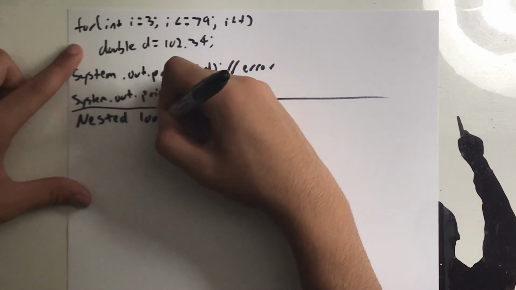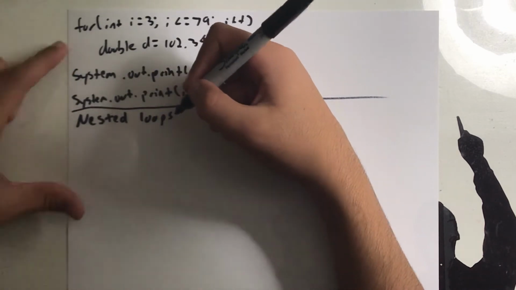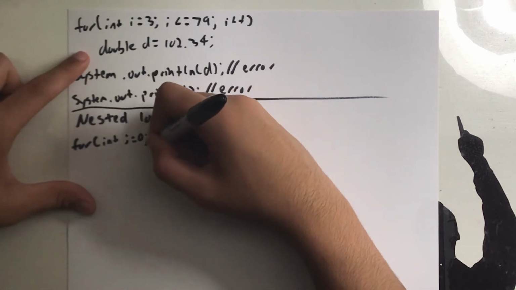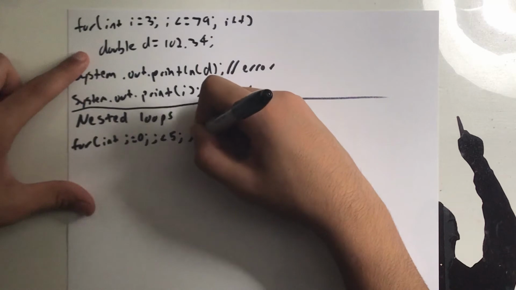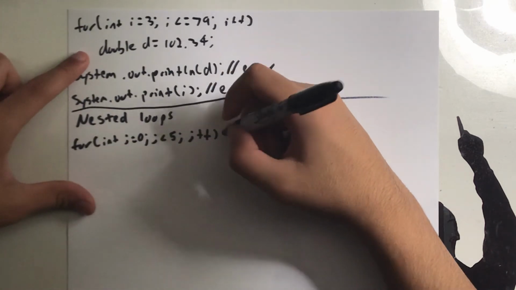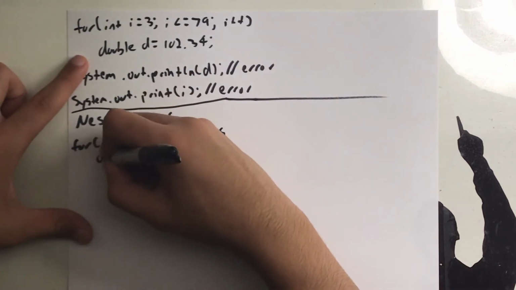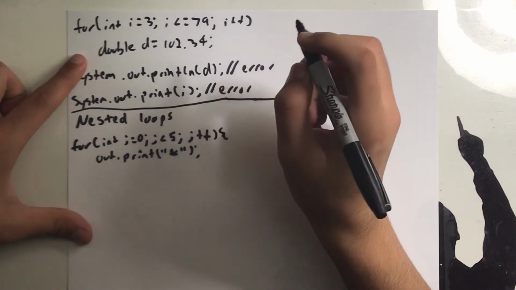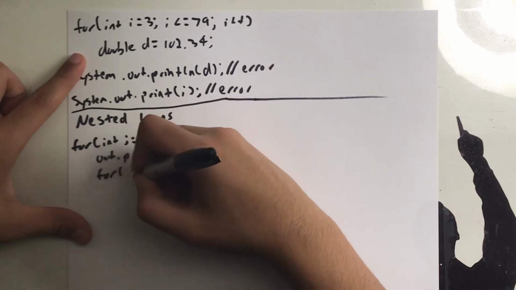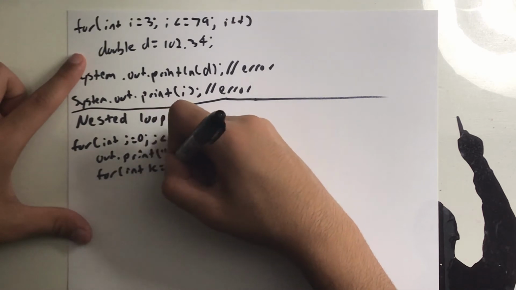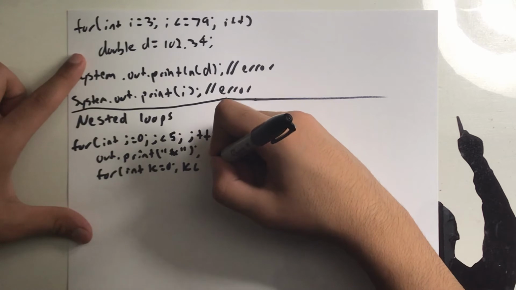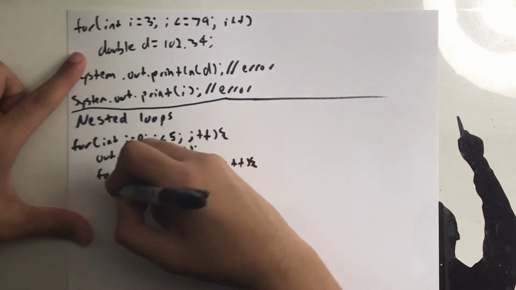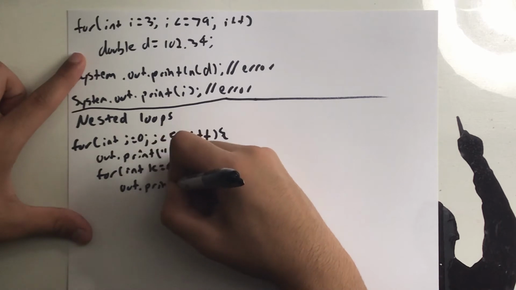Nested loops. This just means a loop within a loop. Okay, so let's say we had for int j equals 0, j less than 5, j plus plus, and then curly braces, out dot print star, and then we're going to make another for loop inside that for loop: for int k equals 0 and k is less than 8, then k plus plus, and we're going to print another star.